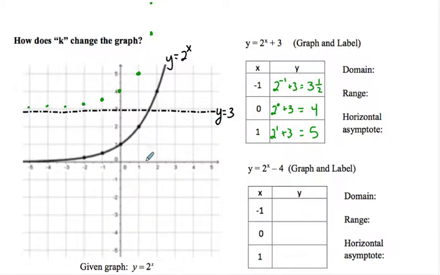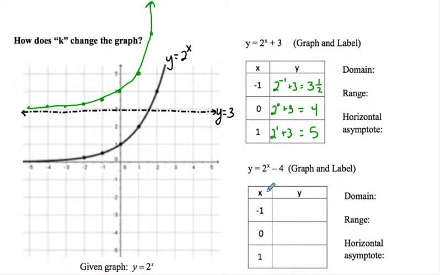So my horizontal asymptote has shifted up 3 places. This is now where my line is approaching without ever touching. And if I were to connect those, carefully, it's more challenging than it looks. Notice I have the same shape, but the whole shape has just been shifted up 3 values.